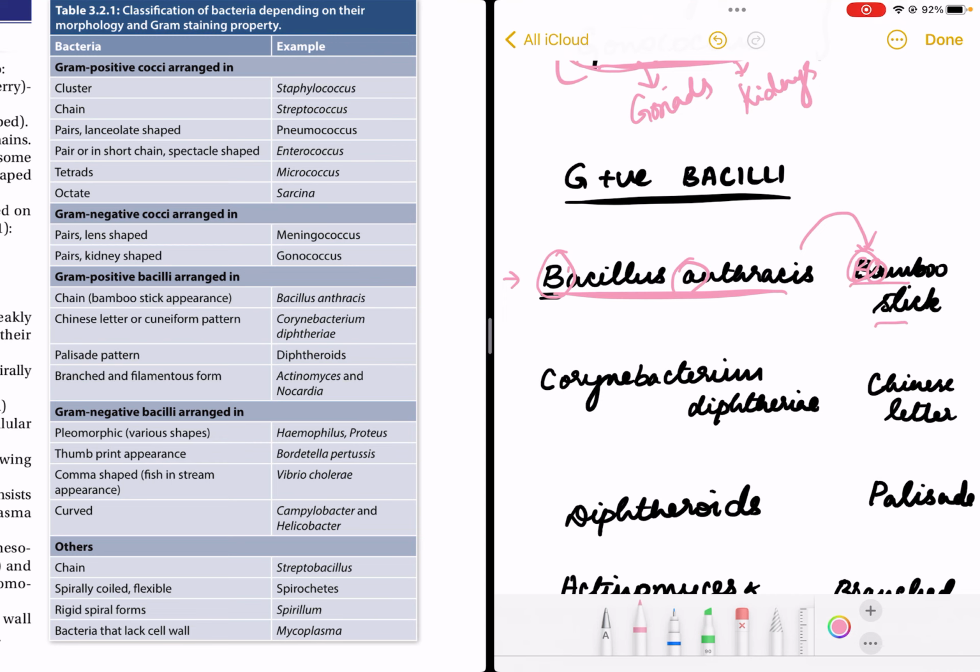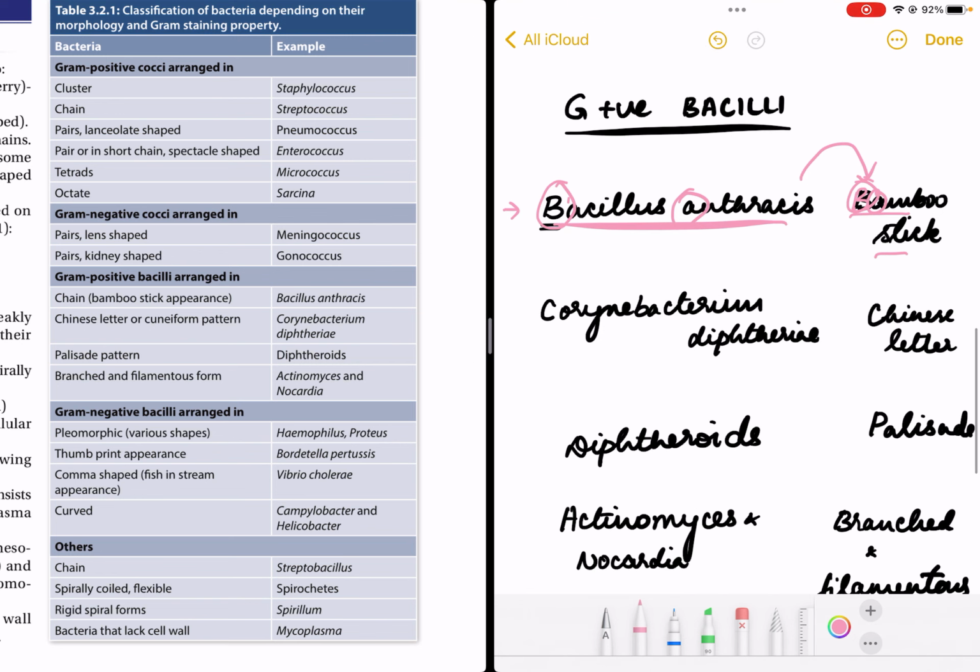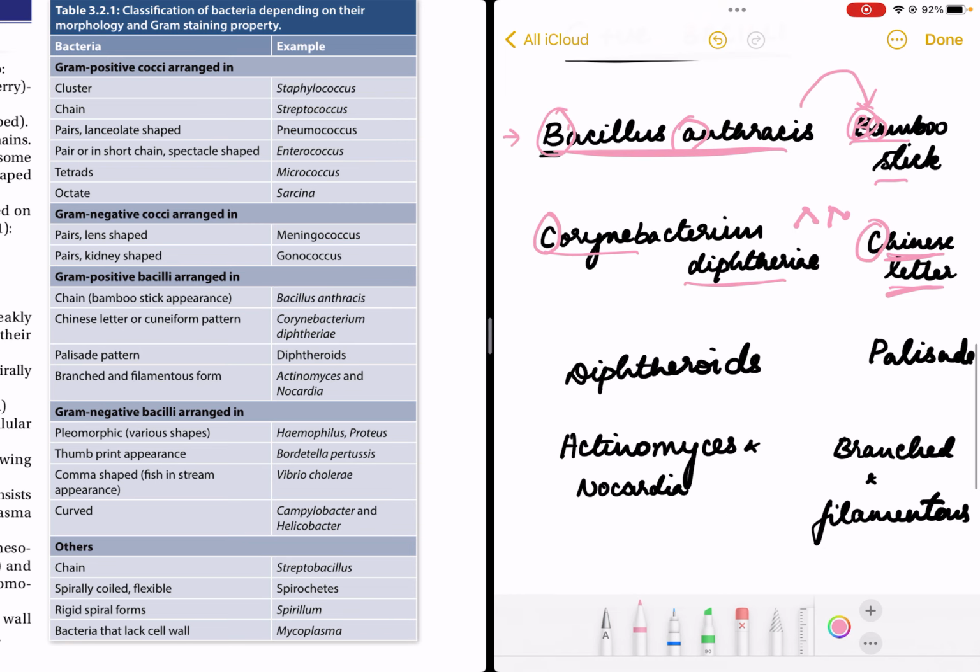Moving on to diphtheria-causing Corynebacterium diphtheriae. Corynebacterium diphtheriae has a Chinese letter pattern. It's basically arranged something like this. How do you remember this? Again with the starting alphabet, C and C. And diphtheroids have a palisade pattern.